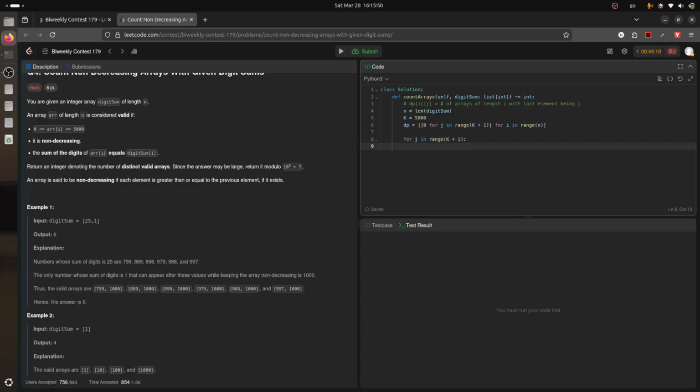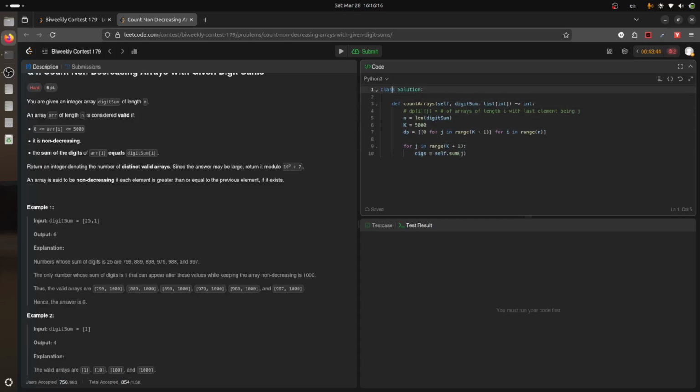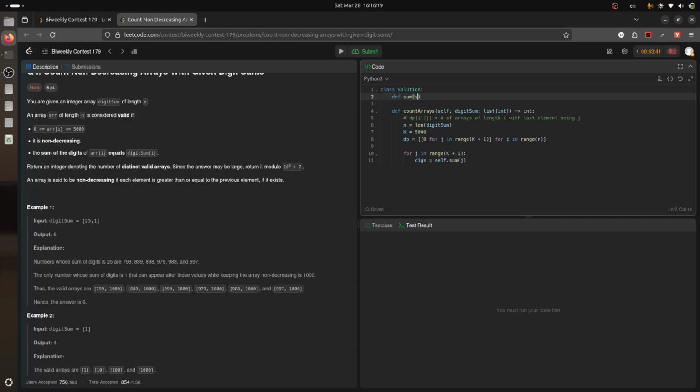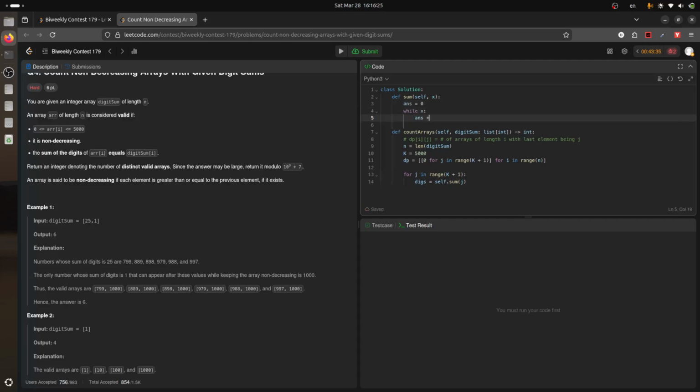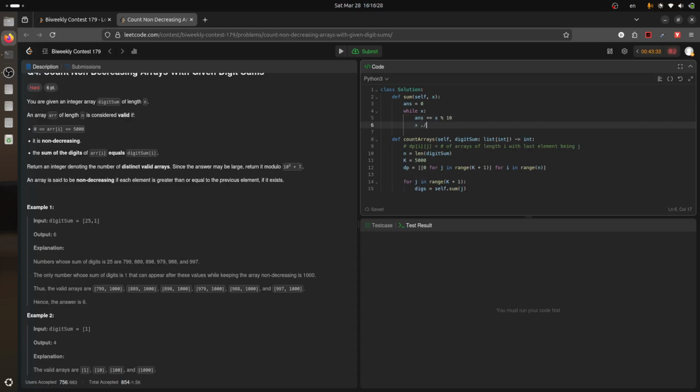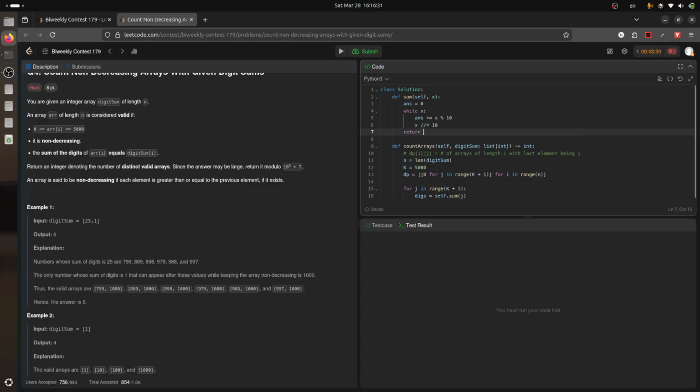The digit sum is the sum of the map of the list of the string of j. No, that's bad. Okay, so def sum(self, x): ans = 0, while x: ans += x % 10, x //= 10, return ans. Great.